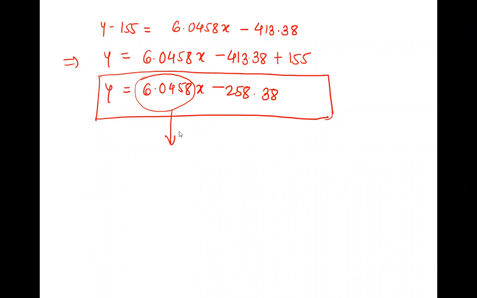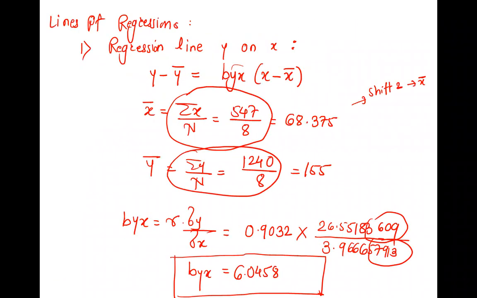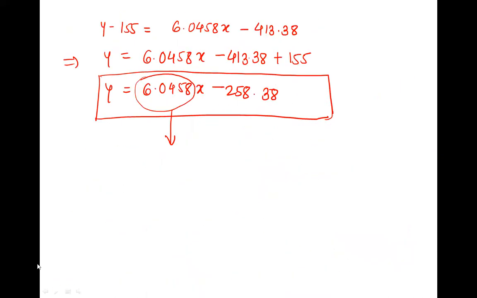But what is that here? Can you just check? byx. Is it byx? Yes, ma'am. So this is byx always. So y is mx plus c. If this is the form, then that m is byx, y on x. This is the coefficient byx. Remember. Chalo, first line is done.